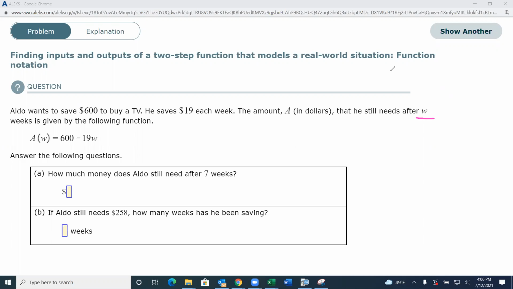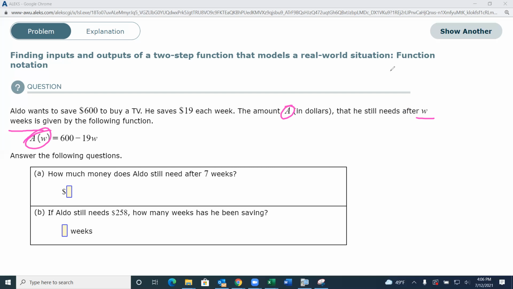W stands for the number of weeks that have already transpired, after W weeks of saving. So W is how many weeks he has already been saving. And A of W stands for the amount of money that he still needs to earn.